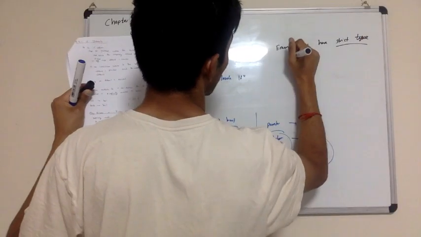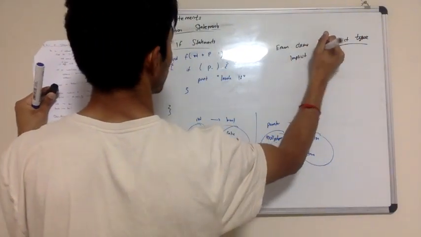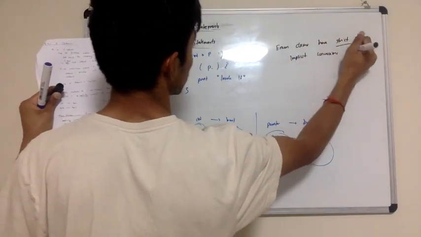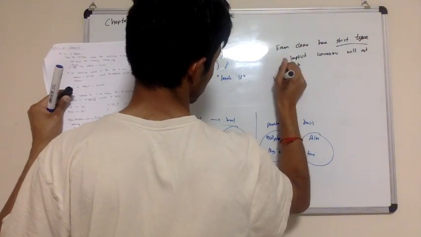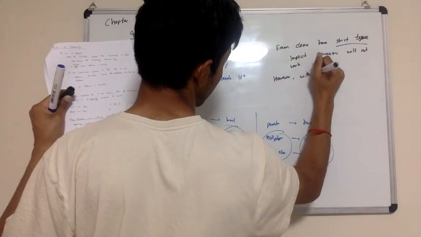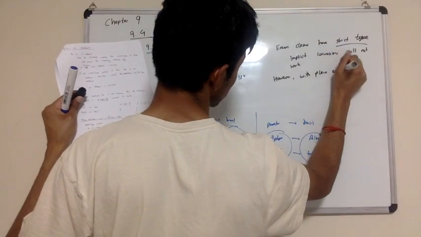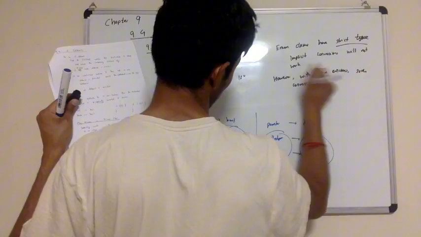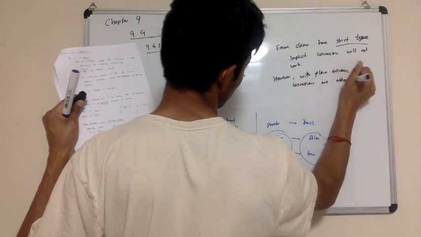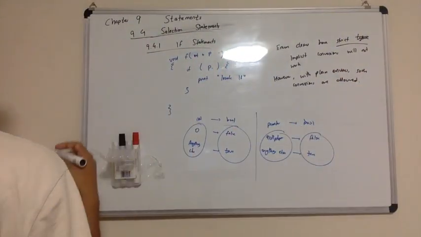So implicit conversions to booleans will not work. However, with plain enums, such conversions are allowed.